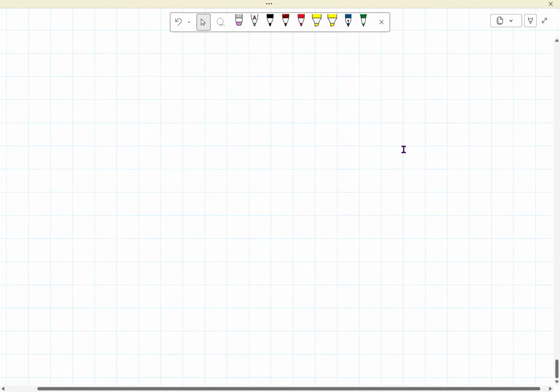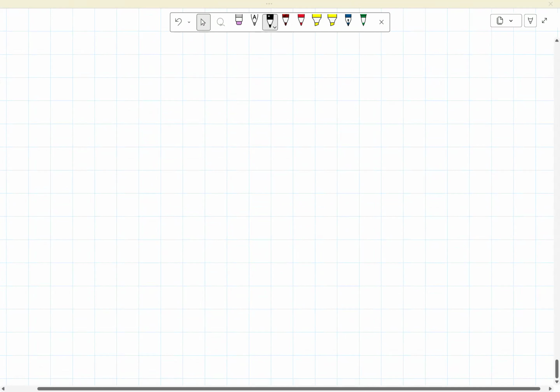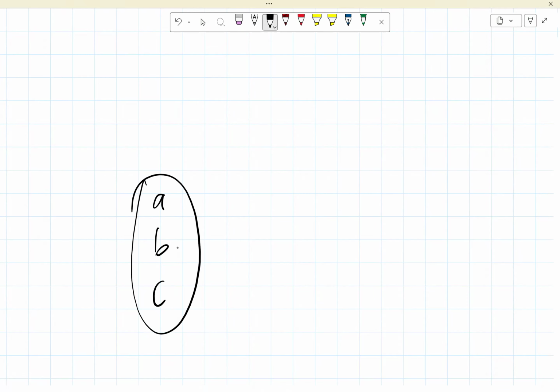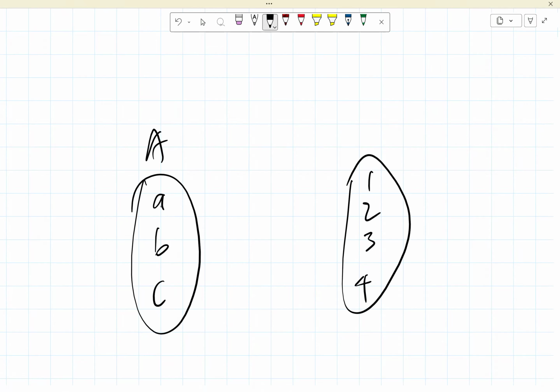An injective function may fail to reach some elements. So imagine we have A, B, C, that's set A. And set B, we have 1, 2, 3, 4.